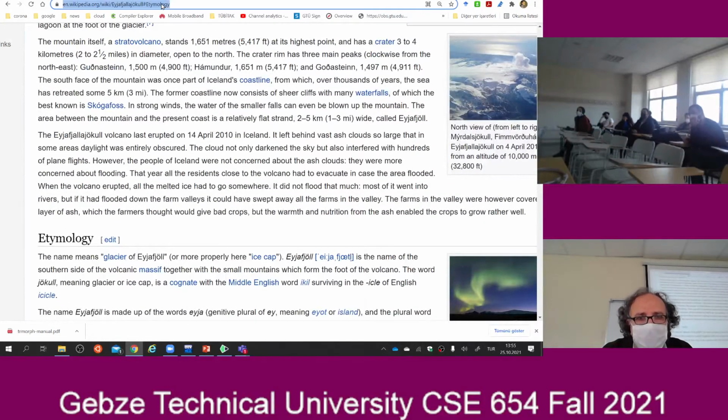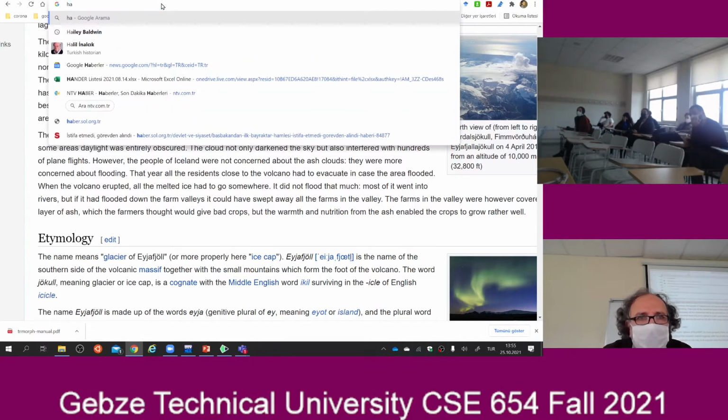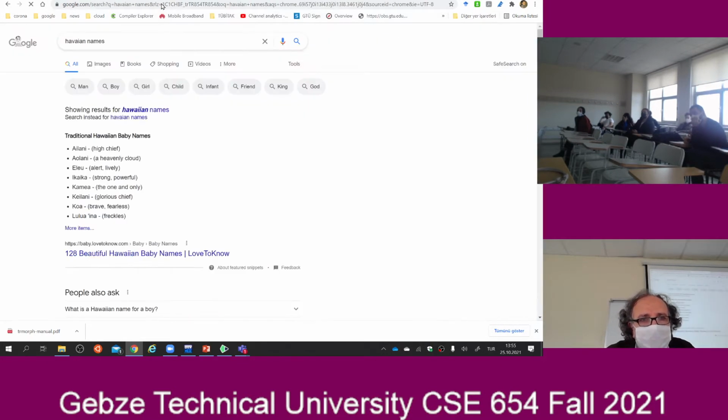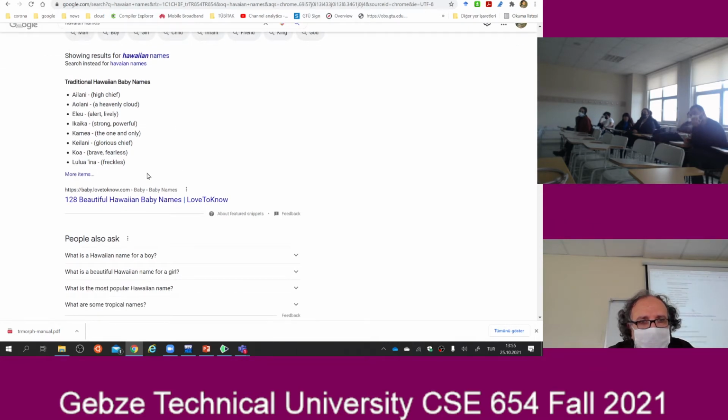Okay, and let's look at these Hawaiian names. So look at these names. It looks like they keep repeating the same syllable. It's like Turkish, right?